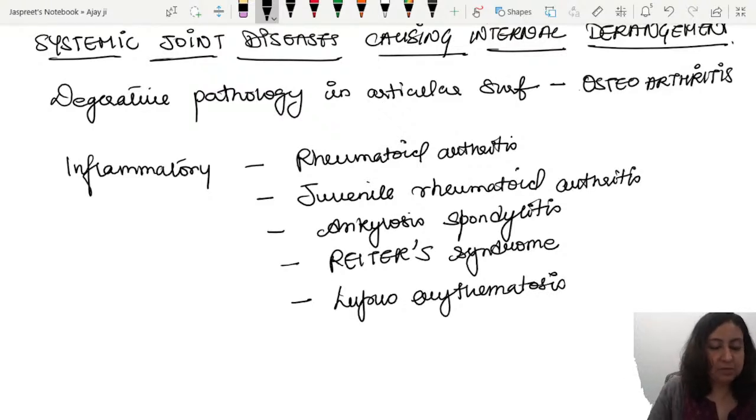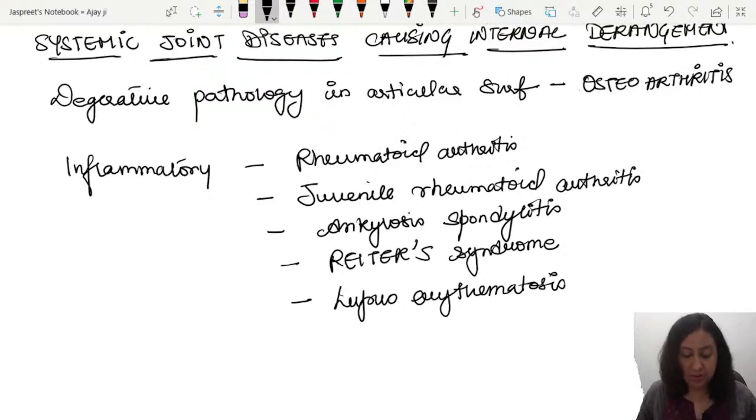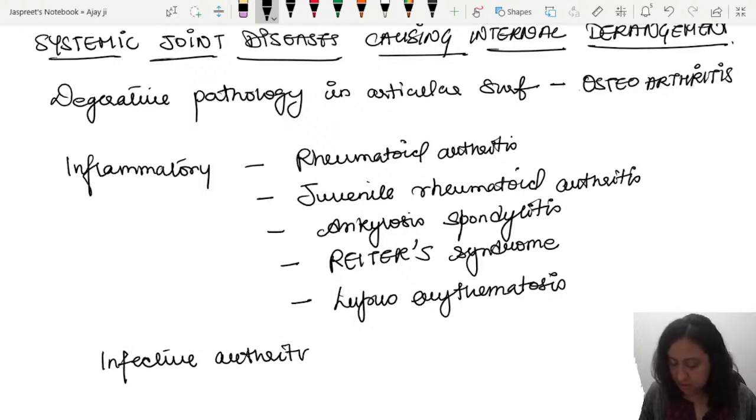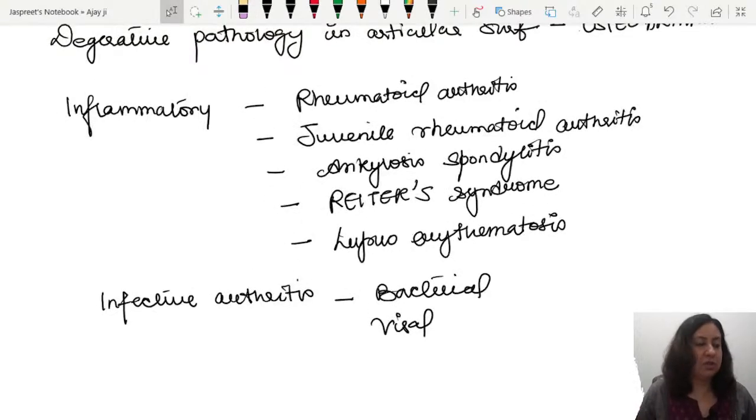Just remember the names, don't need to go into the details. Infective arthritis, it can be bacterial or viral. All of these are the causes of internal derangement apart from the disc.